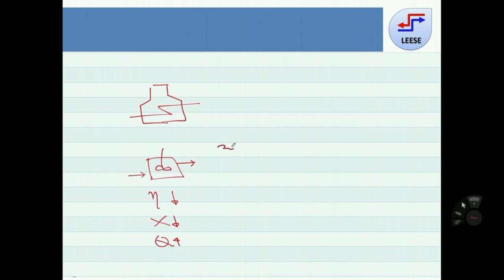So after, say, 20 years of operation, I'm going to replace it with a new one. Okay, so that is the $20 million investment.